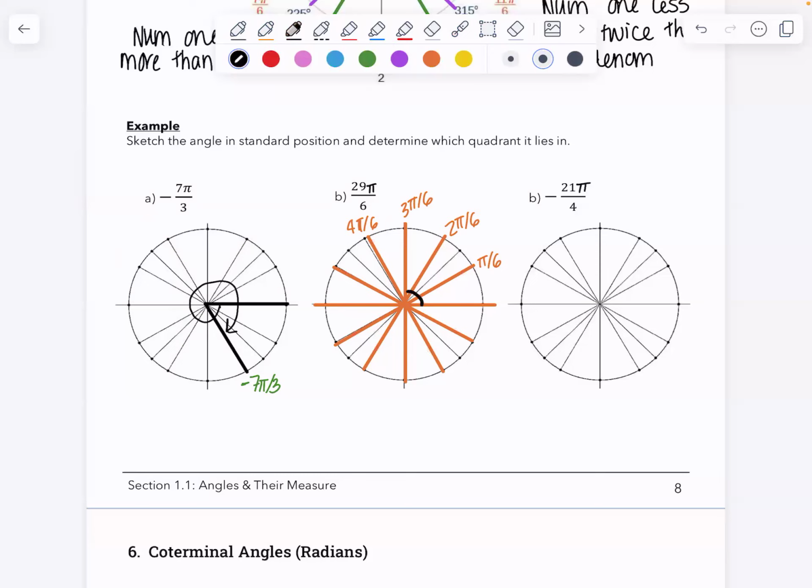I'll mark that. We have at least one entire rotation. That makes 12. 13 pi over 6, 14, 15, 16, 17, 18, 19, 20, 21, 22, 23, 24. That's another. That's 24 pi over 6, 25, 26, 27, 28, 29, all the way to here.